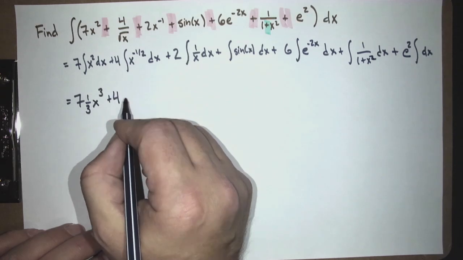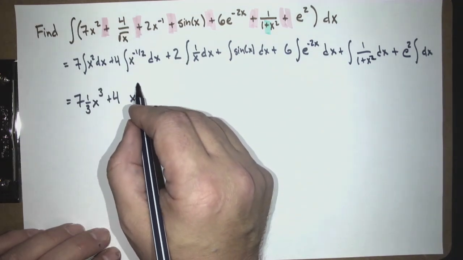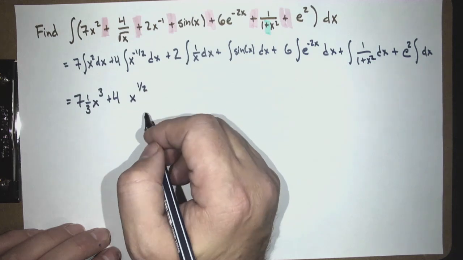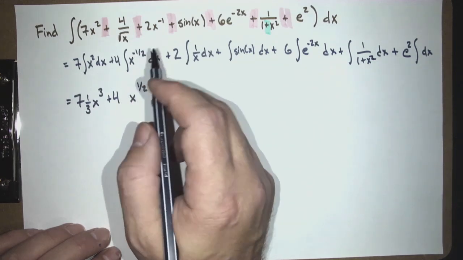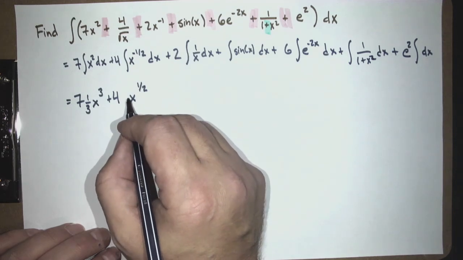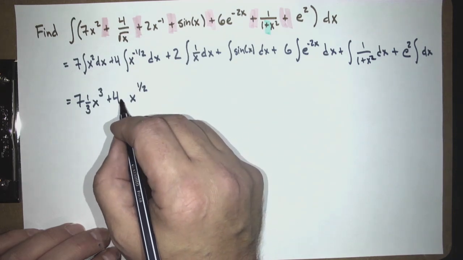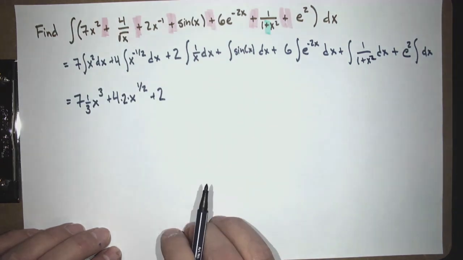Plus 4. X, what's our new power? A half, because we're going to add 1. Negative 1 plus a half. Sorry, negative a half plus 1. I can say these words. Is a half. And then we're going to divide by a half. Well, how do you divide by a half? Multiply by 2. What's the integral of 1 over x?